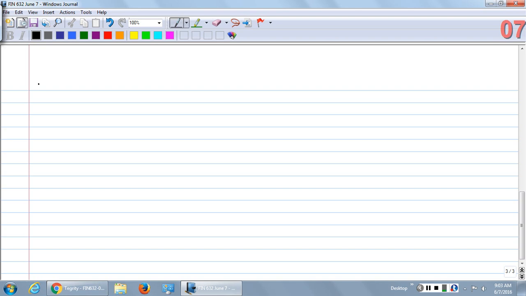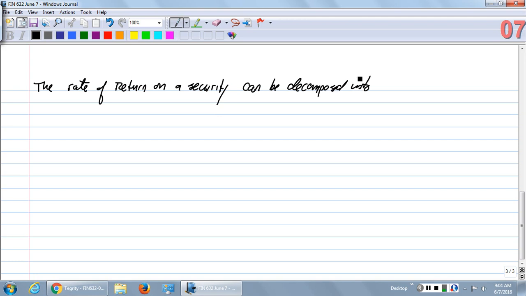First, I'm going to write this statement: the rate of return on a security can be decomposed into sums of its expected return, or expected and unexpected components.